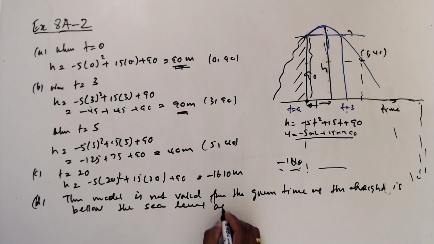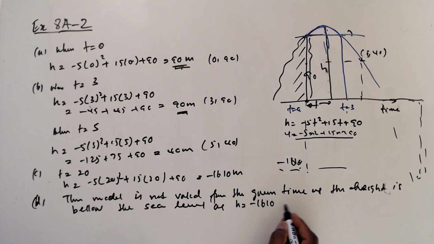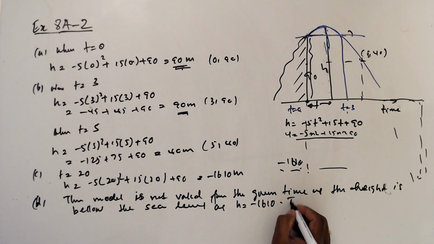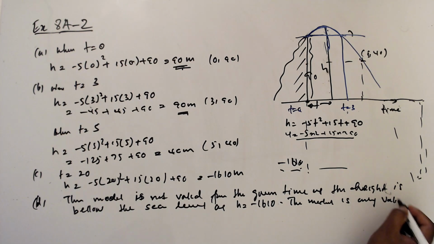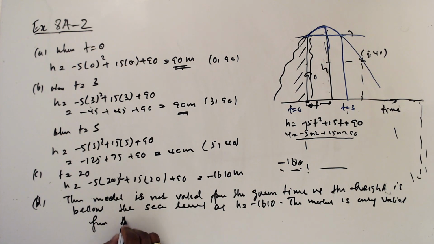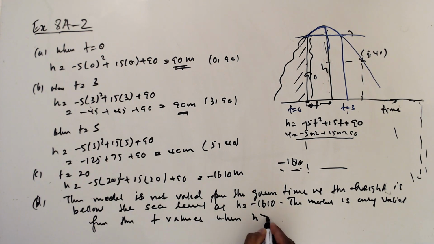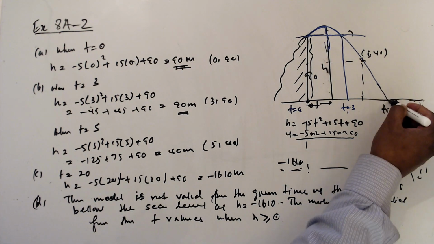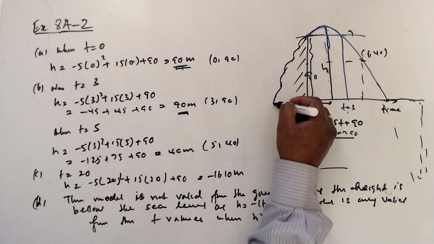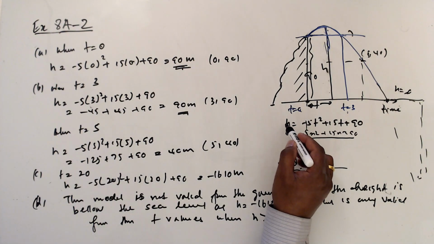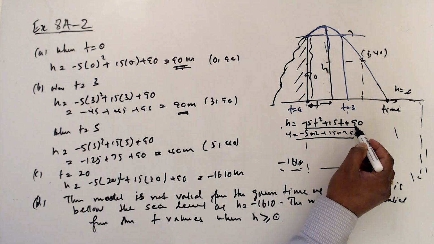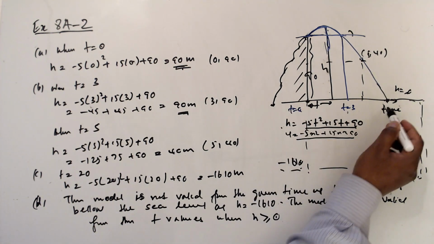It can extend this as h equals minus 1610. The model is only valid for the t values when h is greater than or equal to 0. If you need to find the right t value for that, the curve is like this. So at h equals 0, if we solve this using h equals 0, then we will get two t values. One is here, the other one is here.